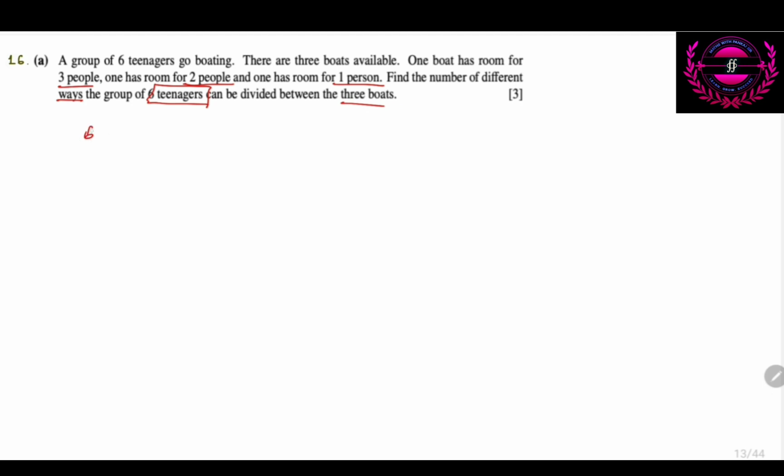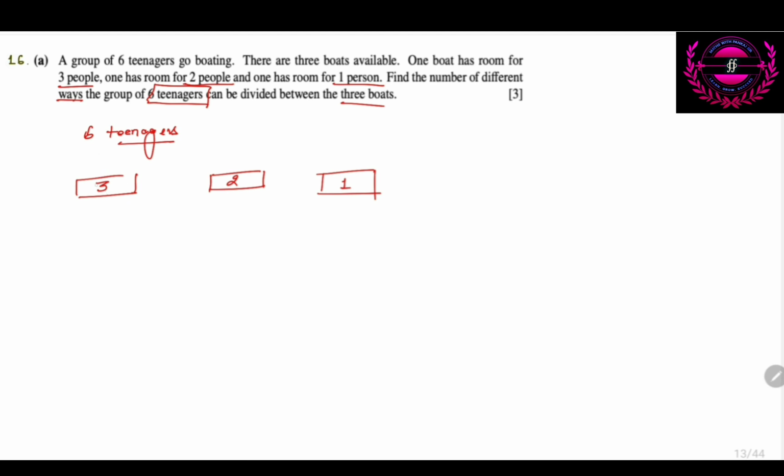So we have in total 6 teenagers, and now this is boat 1, this is boat 2. In this boat, I can seat 3 passengers, and 2 seats for boat 2 and 1 seat in boat 1.